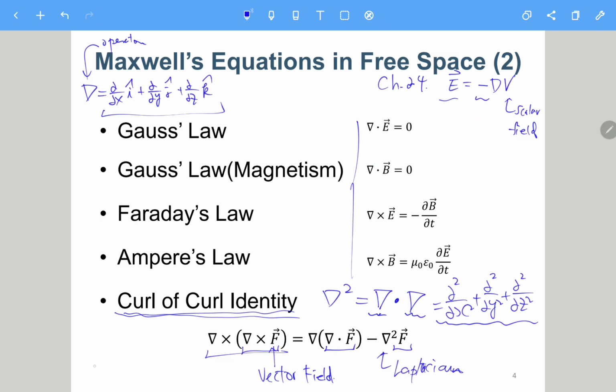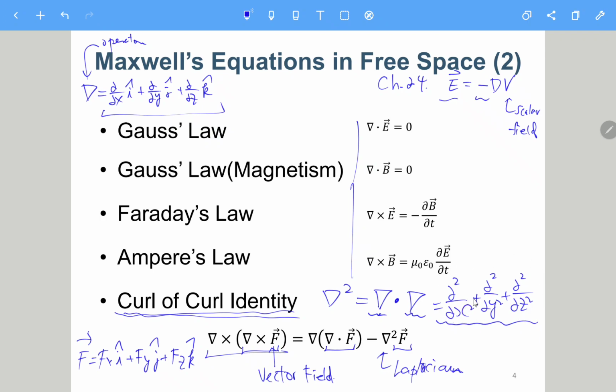Of course, you still have f is actually fx I hat plus fy j hat plus fz k hat. So you plug this one and this one in there, and then you calculate the curl two times. You will get some expression, and then you can also calculate this other one. This one is very easy because it is only like this.